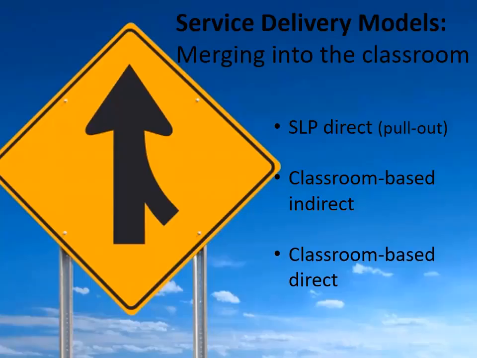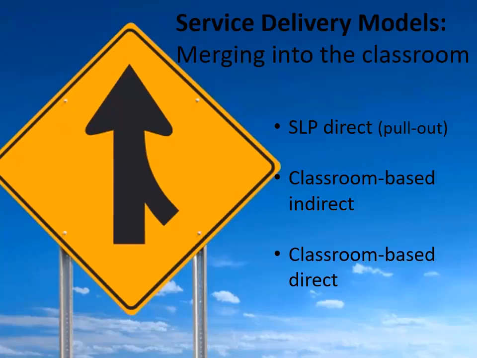So this is the part where we thought about service delivery models. There are 3 different types of service delivery models. The first one being the speech-language pathologist direct therapy model, also commonly referred to as a pull-out model of therapy, where students are removed from their classroom, they target their speech and language skills directly, and then return to the classroom.